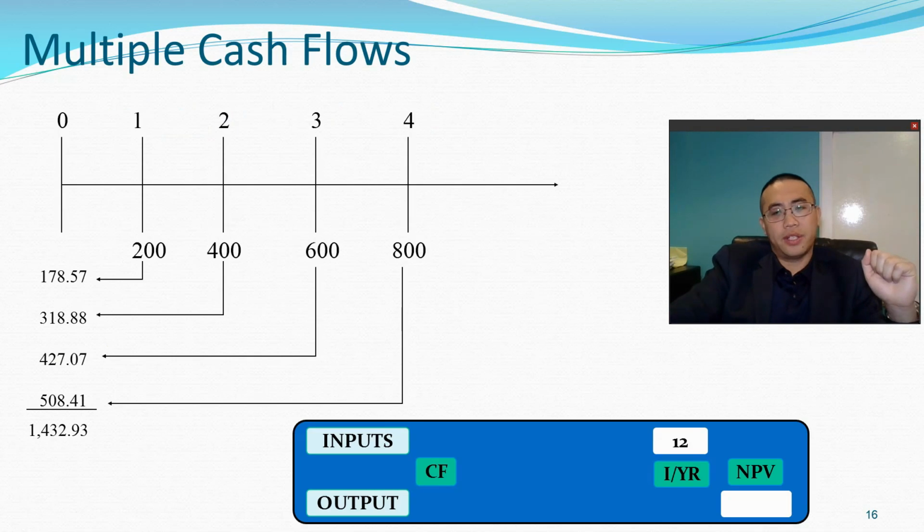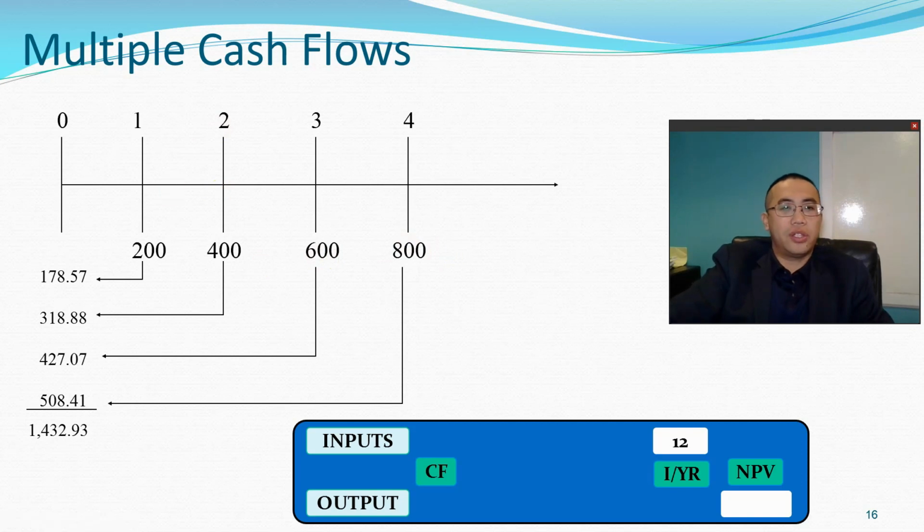In this particular case, that's the cash flow you see. So in the first year, you're going to get 200, second year, 400, third year, 600, and then 800 in the fourth year. So you want to know the present value of each.